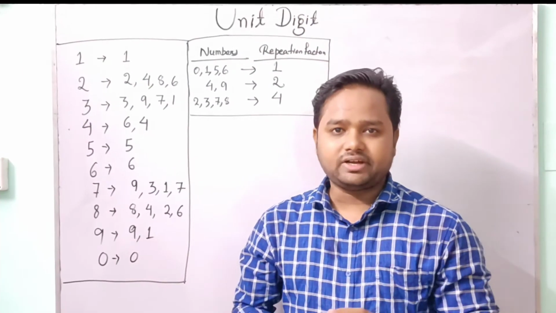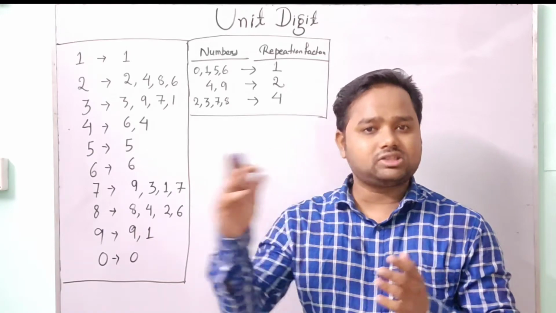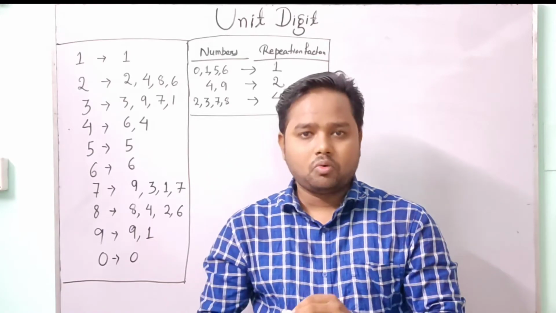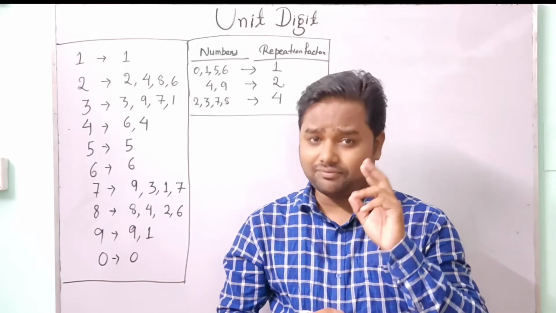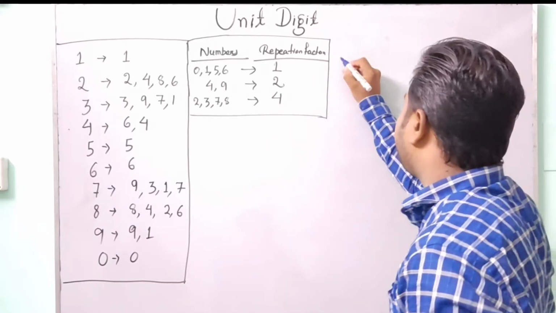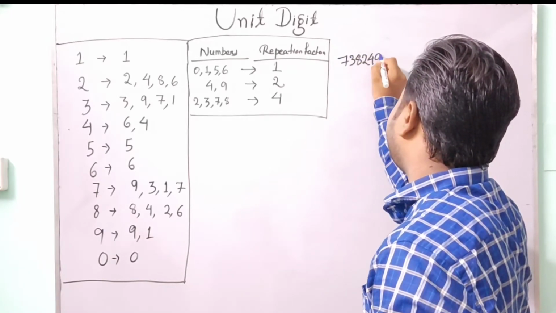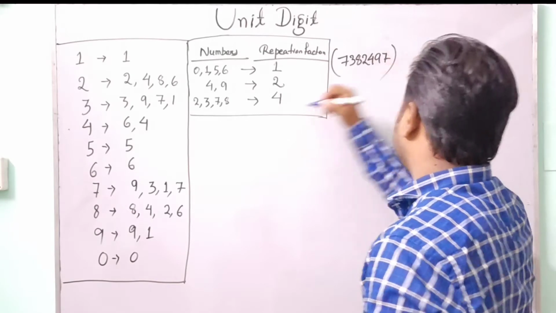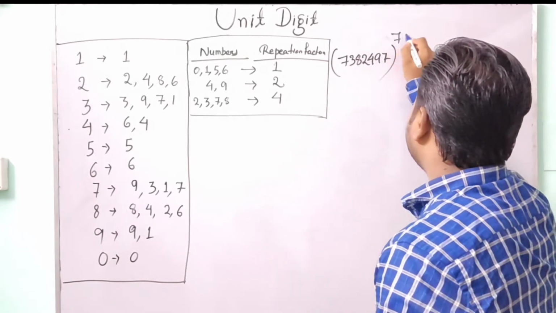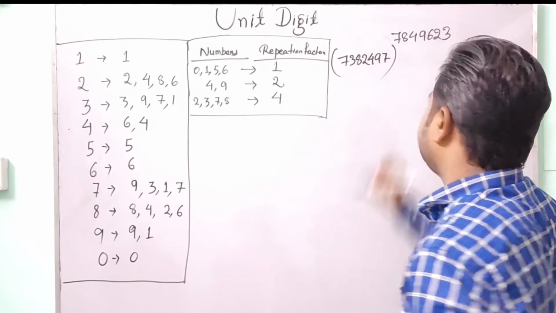Now we will study how to find the unit digit of a number with a large power. What is the process? Suppose in a question it is given: what is the unit digit of 7 3 8 2 4 9 7 to the power 7 8 4 9 6 2 3?